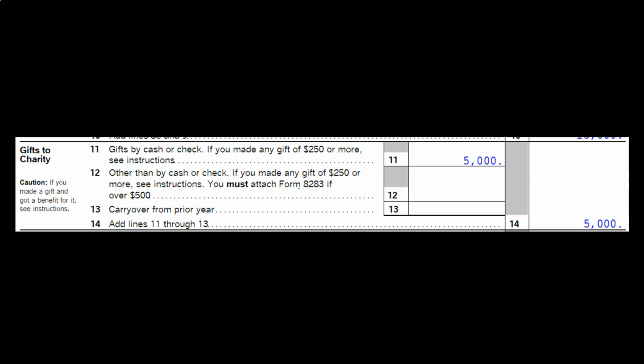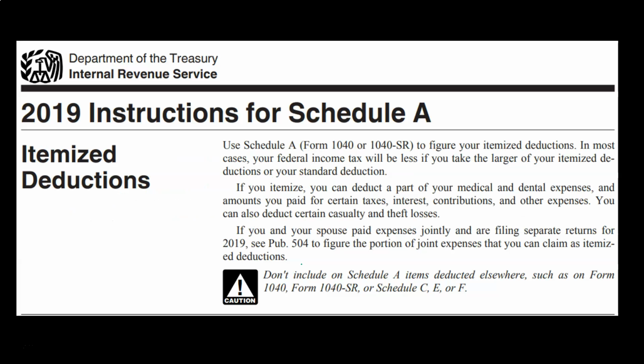And then we would be looking at other types of things such as gifting property possibly. And if doing that, then we might need to use Form 8283. So general rules here, gifts are typically going to be going on the Schedule A. And of course, they would have to go to basically qualified charities typically in order to be deductible on the Schedule A. That's the general rule.